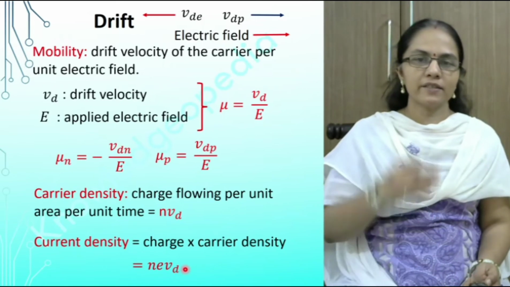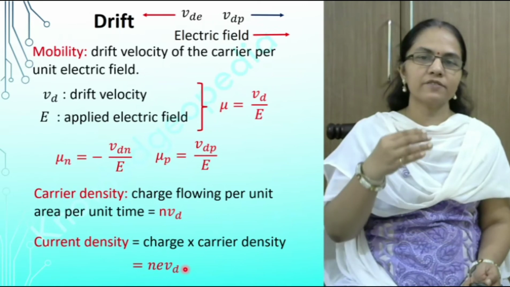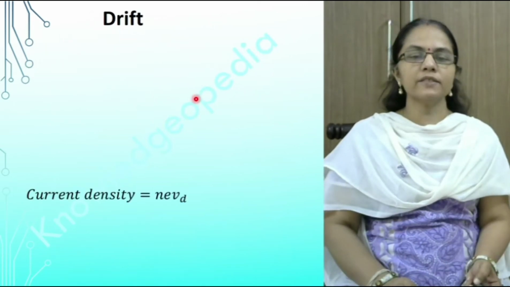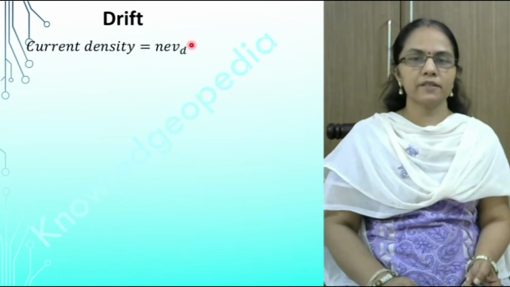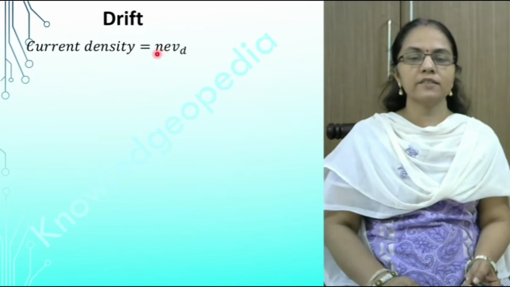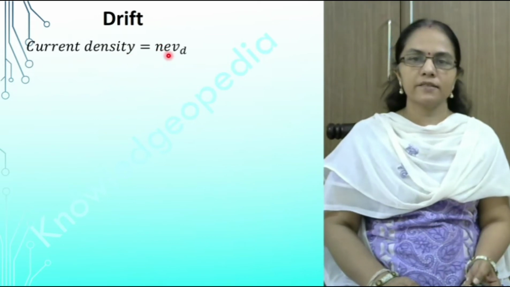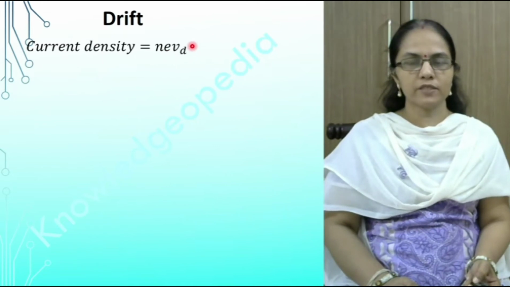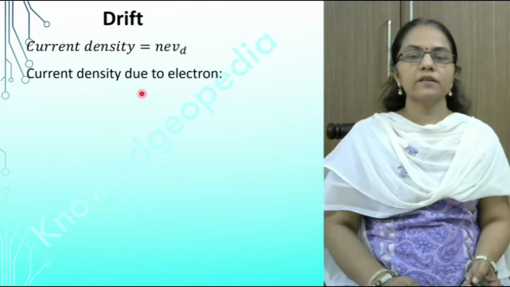Now we will calculate the current density due to drift of electrons and holes separately. We will start with the general expression we obtained in the last slide, that is, the current density is given as NeVd. N is the number of carriers, E is the charge of a single carrier, Vd is the drift velocity. First we will see for electron.